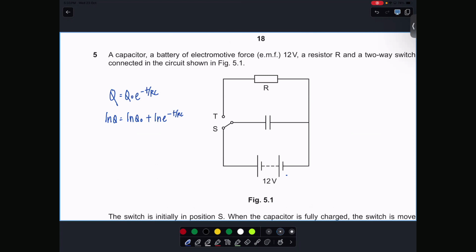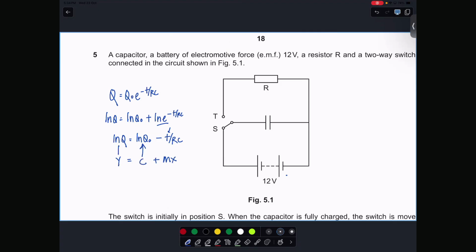Now, what's the natural logarithm of base e? 1. So therefore, ln Q is equal to ln Q naught minus T by RC. If I take this as my y-axis and T as my x-axis, then I get y equals mx plus c.